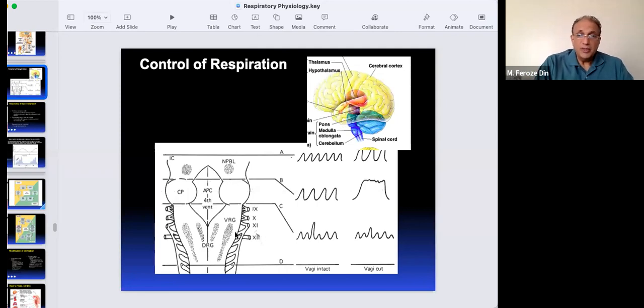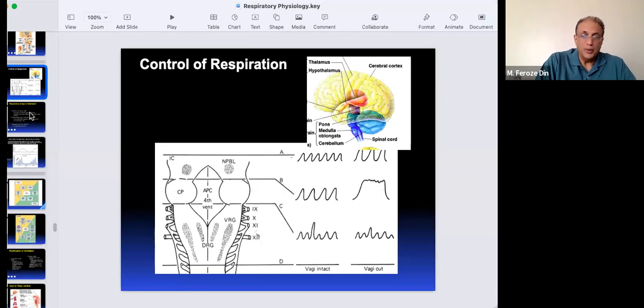Starting with the lowest one, in the medulla, you have groups of neurons called the dorsal group and the ventral group. Then a bit higher, in the lower pons, you have a group of neurons called the apneustic center. And finally, you have the upper pons group.